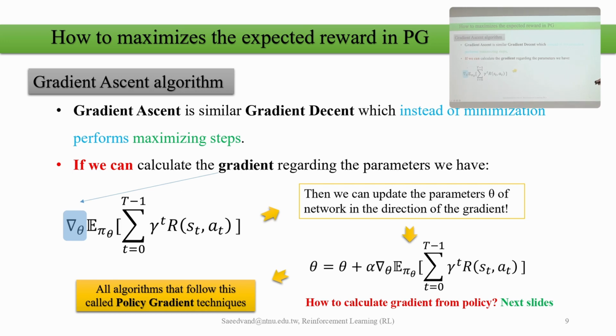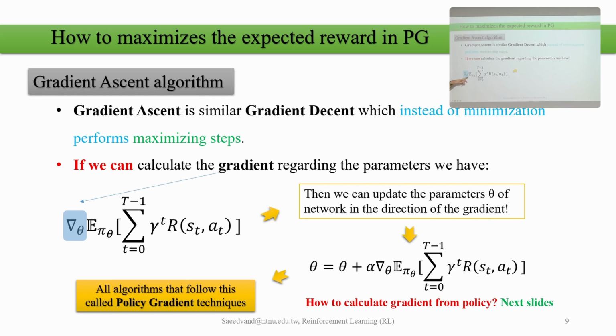Here we want to maximize it. So if we can calculate the gradient of the expectation over this trajectory, we are kind of solving the problem. With this gradient, we can update the weights themselves.